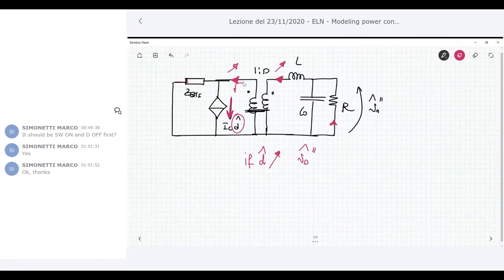So you have two different directions in which the two sources are working. The voltage source works, for an increasing duty cycle, to increase the output voltage. The current source, with an increasing duty cycle, operates to reduce the output voltage. So they are two totally different behaviors.